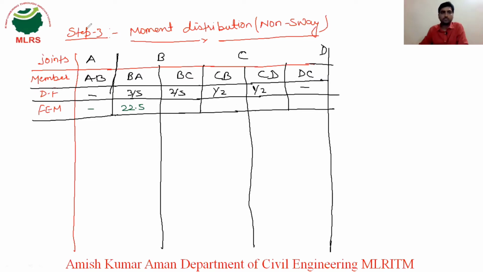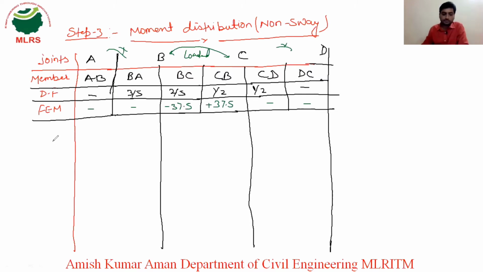For BA also there are no fixed end moments, because AB and BA are the same. For BC and CB we got moments, because only the BC span is loaded. The other spans are not loaded, so we get moments only for BC and CB. That is minus 37.5 and plus 37.5. Already we have calculated this.